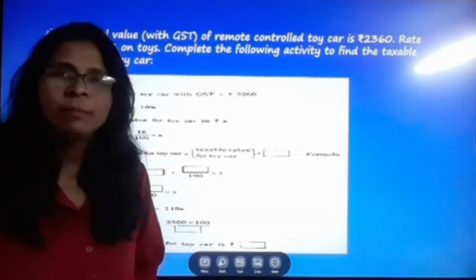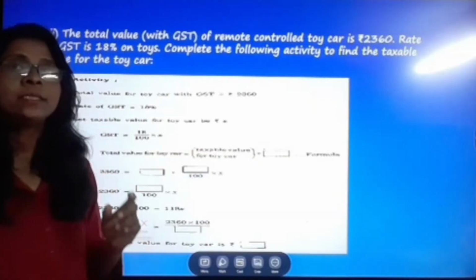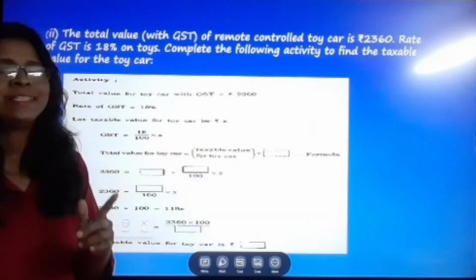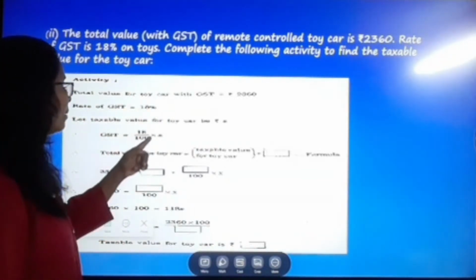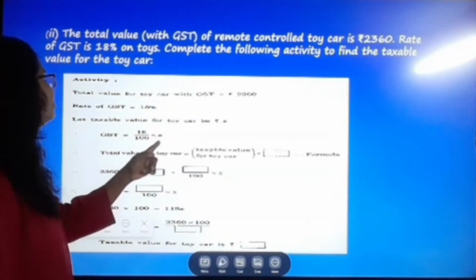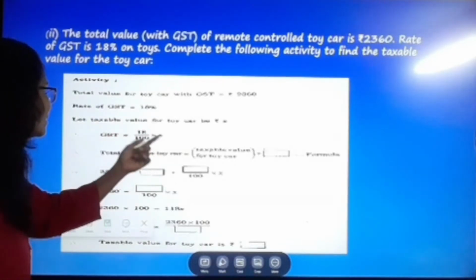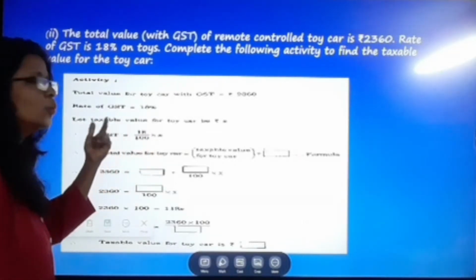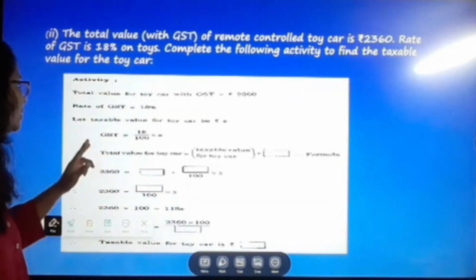Okay, GST becomes 18% into x. Okay, that is the formula. See students, the formula for the GST is the rate of GST multiply x, and here x means the taxable value. Okay, so we can get the value of the GST.